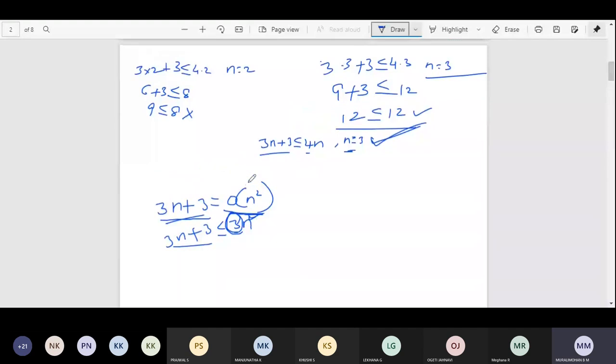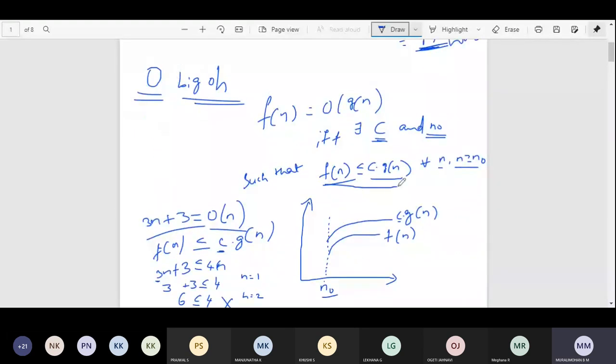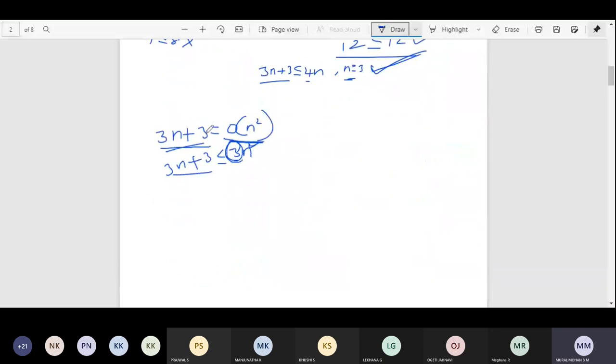That is what our worst case says. Here, this constant you can take any value. Always see that you take a small value, and with a small value you will satisfy. Clear?